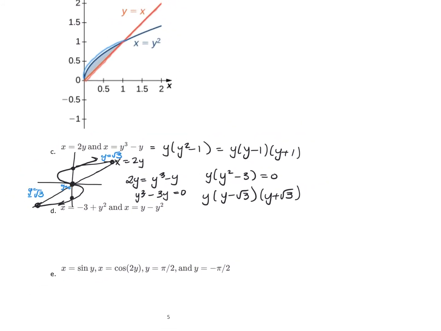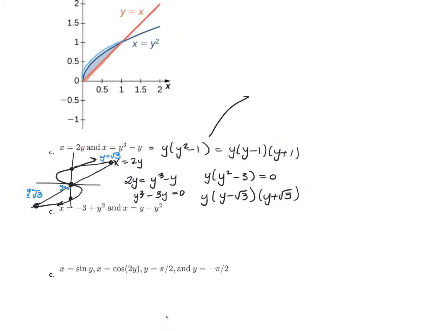So its integration would then become, and I'm going to do it up here, I'm going to integrate from negative square root of 3 to 0. My most right function is the y cubed minus y, minus my most left, which is 2y, dy, plus we go from 0 to the square root of 3.